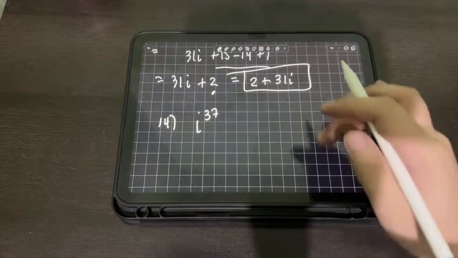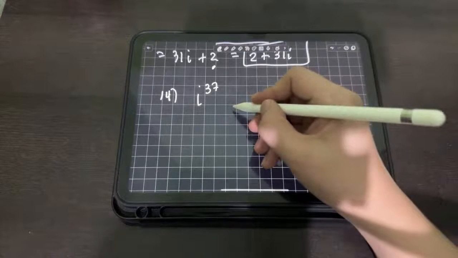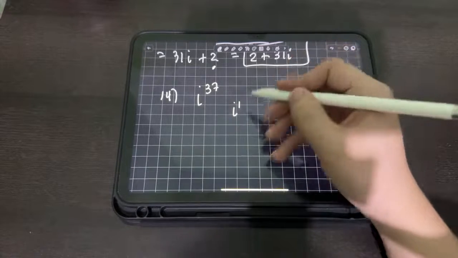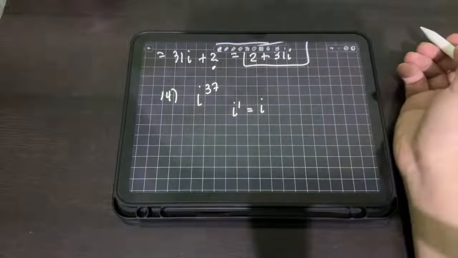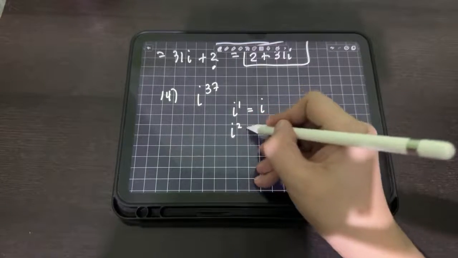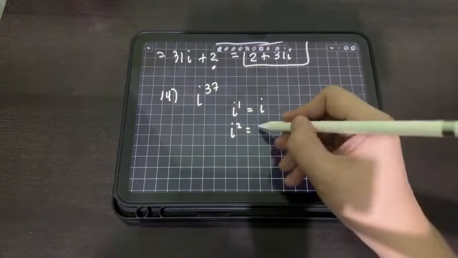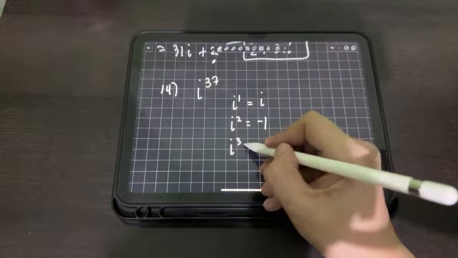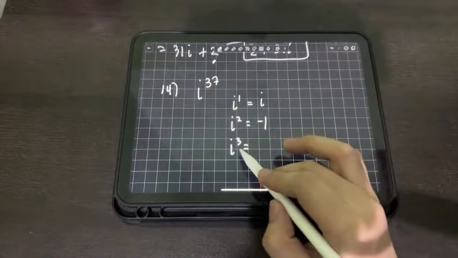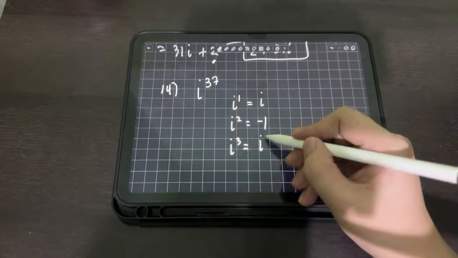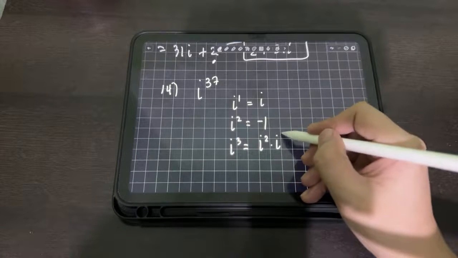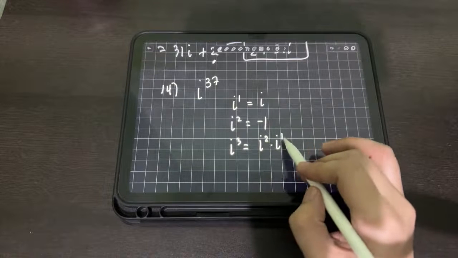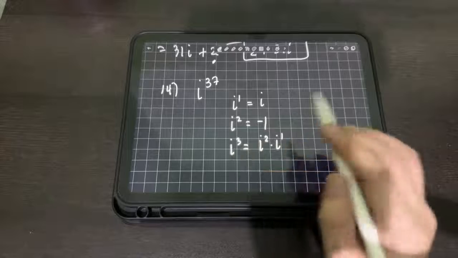So, let's start with the first power, i to the first. Obviously, that's equal to i. How about i squared? We already know it's equivalent to negative 1, right? How about i cubed? We can split the power of i cubed into i squared times i to the first, so that if we add up the exponents, 2 plus 1, it's 3.